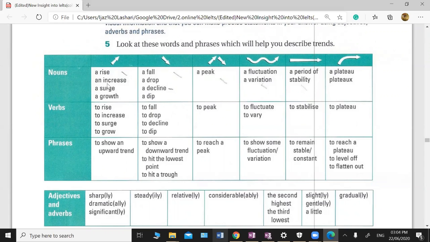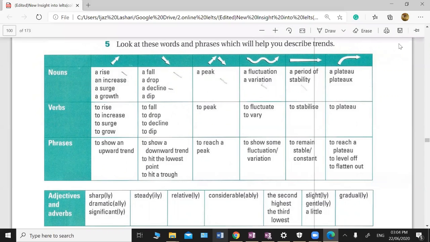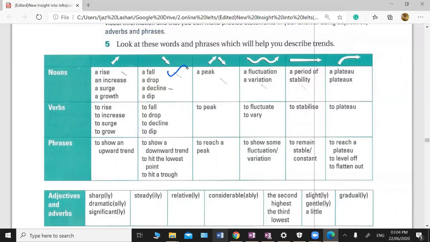For example, if you see the arrow here, if the graph shows that it's on the rising side, you can say a rise, an increase, a surge, a growth. Or if it's coming down, you can say there is a fall, a drop, a decline, a dip. If it is going up and then coming down, when it reaches a certain level, you say this is the peak. Then there's a fluctuation, where it's not stable.